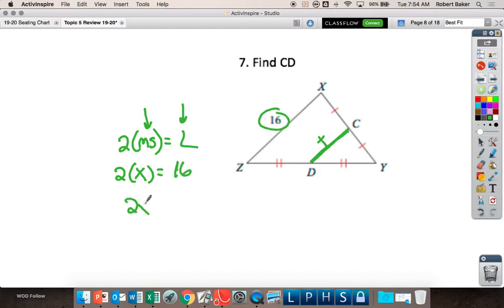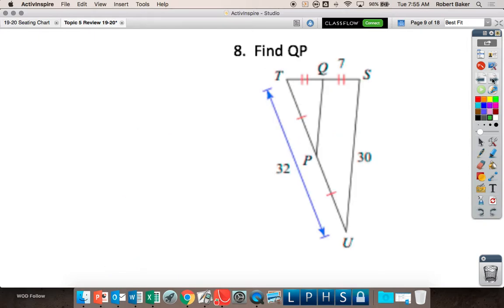So 2x equals 16, divide both sides by 2, x equals 8. And you get 8 right here. And if you remember that property, the mid-segment is half the length of the third side, 16 divided by 2 is a lot quicker. If you don't remember it, you can use the formula.